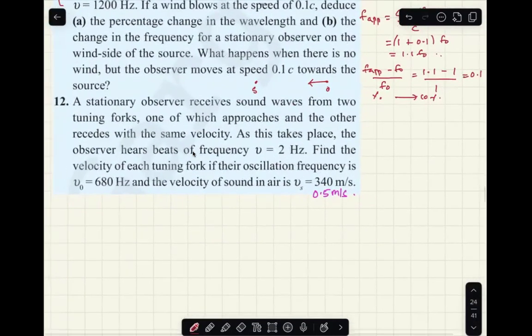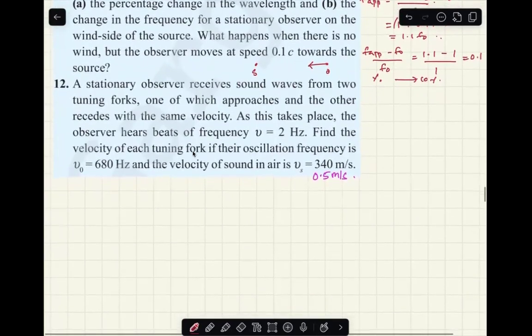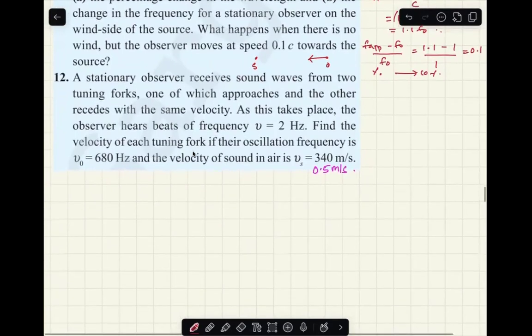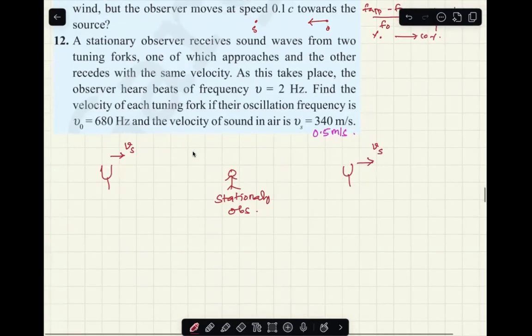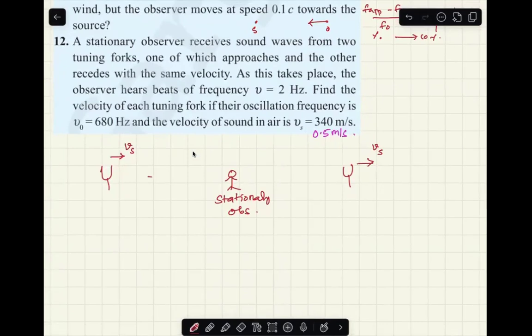12th. A stationary observer receives sound waves from two tuning forks, one of which approaches and the other recedes with the same velocity. You have a stationary observer, right? One is approaching with some speed Vs, the other is receding away with the same speed Vs. Now, he will hear a frequency f1 from the first source and f2 from the second source.